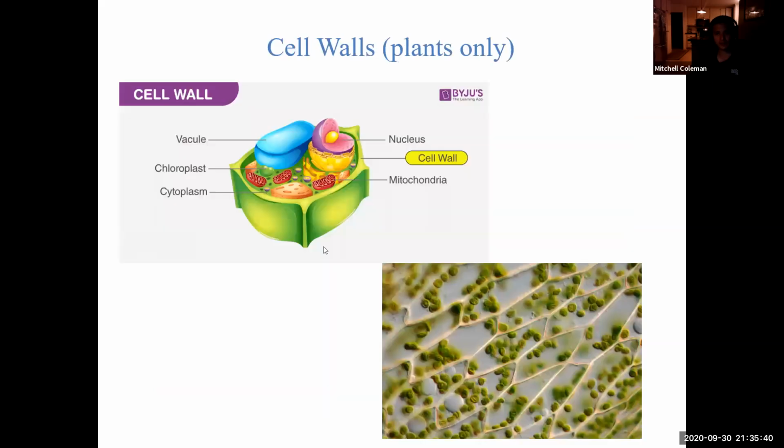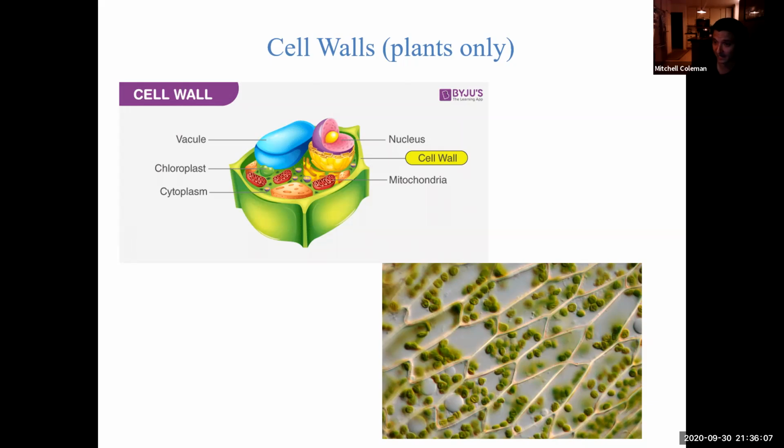Okay, so the first type of organelle which occurs in plant cells, but not in animal cells, is the cell wall. Okay, so cell walls are not cell membranes. I know it's a little bit confusing because they sound like the same thing, but they're not. Cell membranes or plasma membranes are phospholipid bilayers. They're composed of lipids.